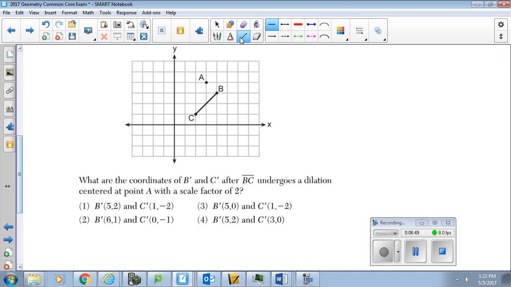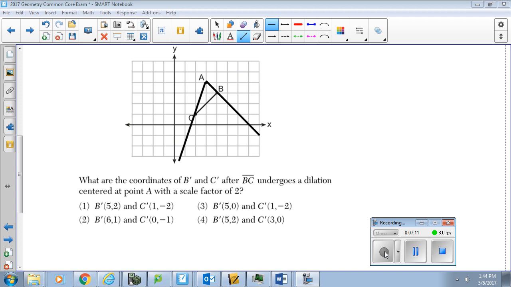So that means our new line, because it's a scale factor of 2, is going to be bigger. So what I'm going to do is draw a line out here, from A, because it's centered at A, and I'm going to draw a line here, and I'll be right back.